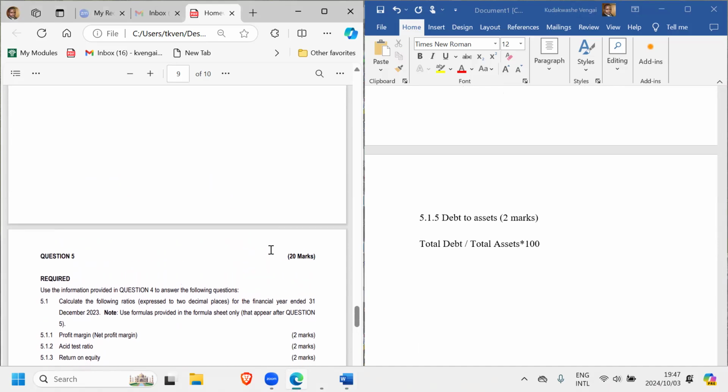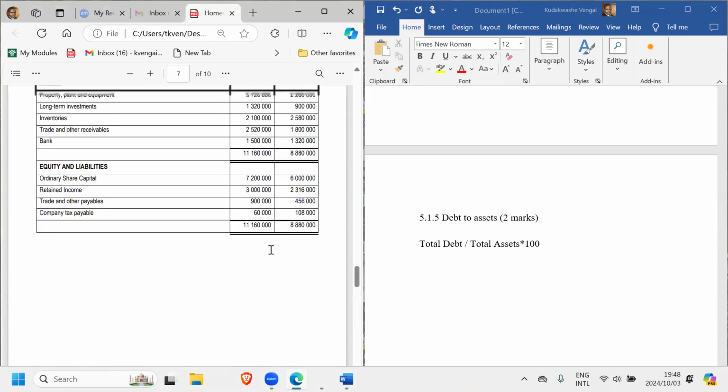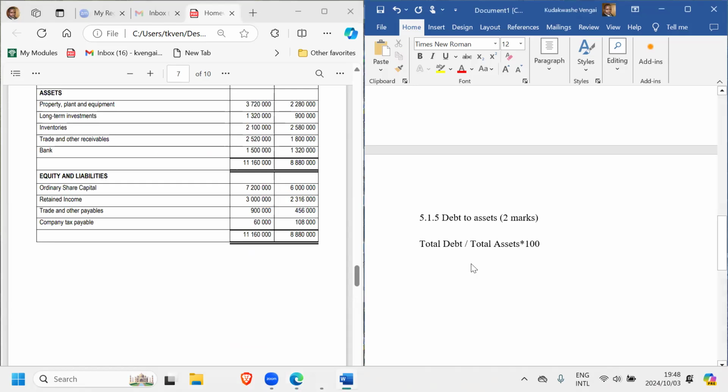Total debt, question number 4. All right, our total debt is going to be our trade payables there, which is 900,000, plus our company tax payable, which is 60,000.